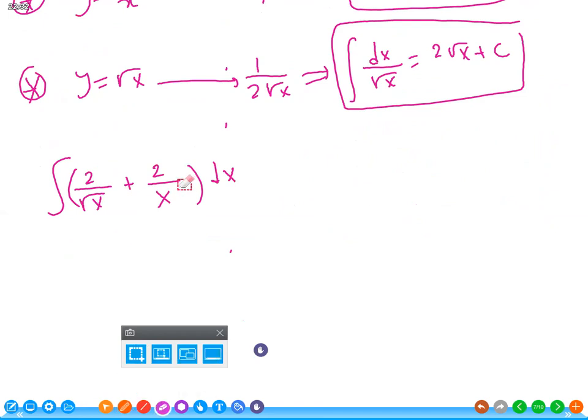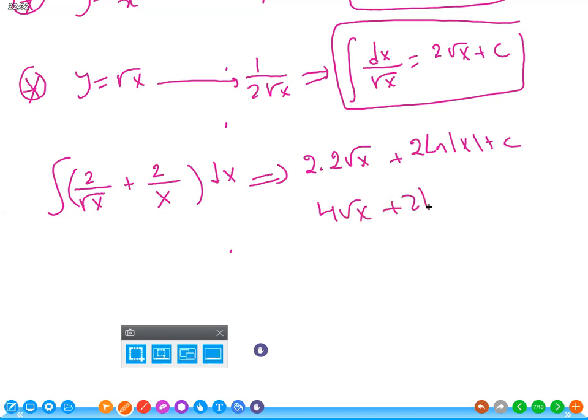If you don't have the 2, here we have special rules. The first one, dx over radical x, 2 radical x. So 2 times 2 radical x plus dx over x, ln absolute value. So 2 ln absolute value of x plus c. So 4 radical x plus 2 ln absolute value of x plus c.